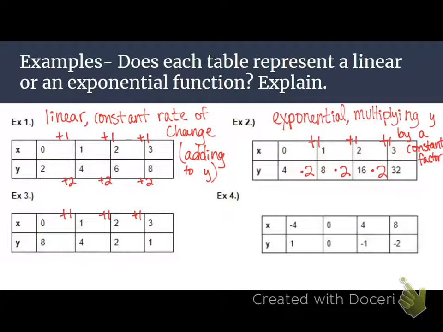We're more concerned about how the y's are changing as long as our x's are all changing the same way. What's happening to our y's on example 3? What is it? We're dividing by 2 every time.